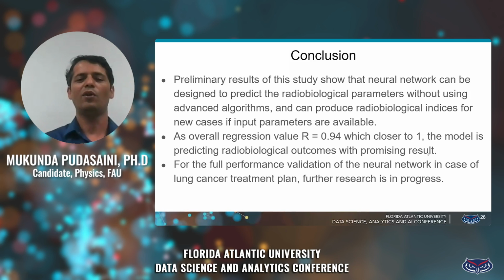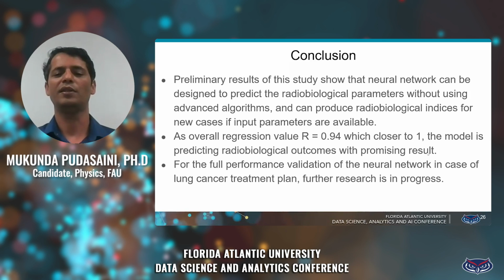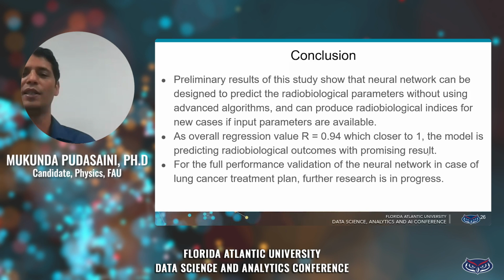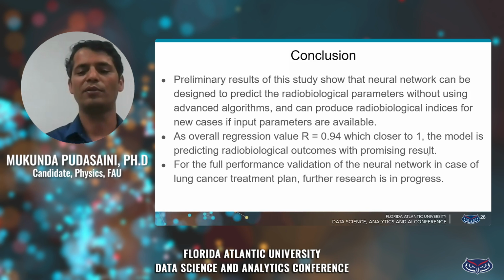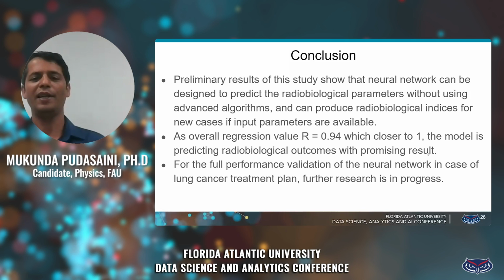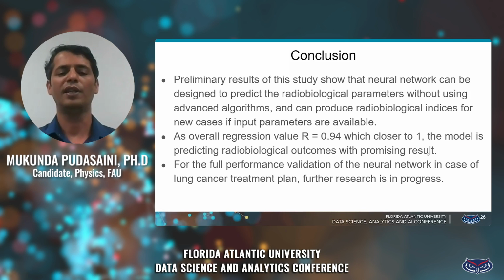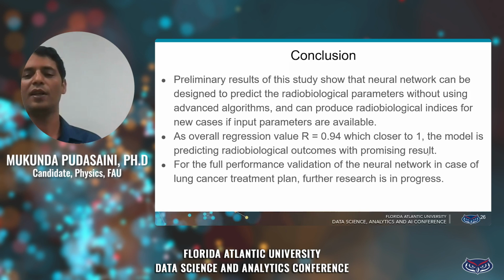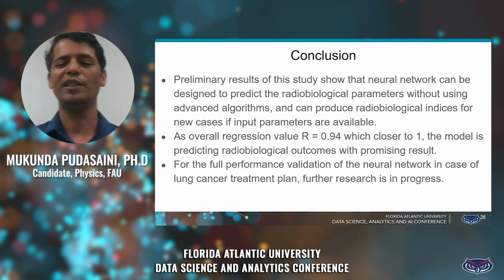As we see, the overall regression value is closer to 1, that's 0.94. The model is predicting radiobiological outcomes with promising results. For the full performance validation of our neural network in the case of lung cancer patients, our work is still in progress.